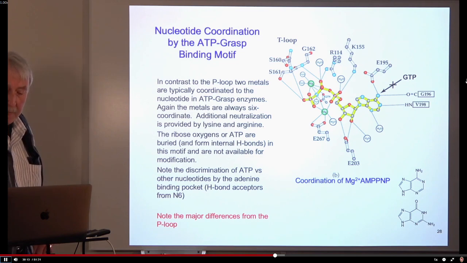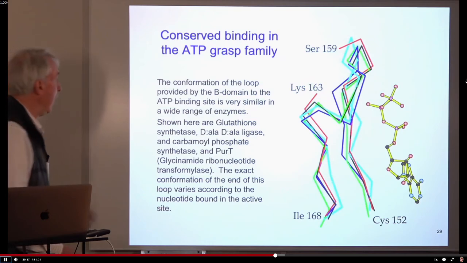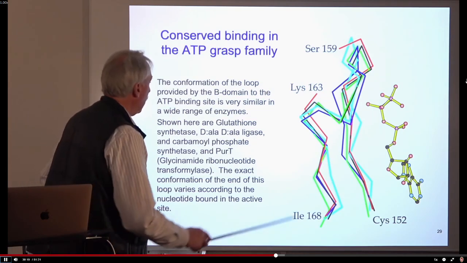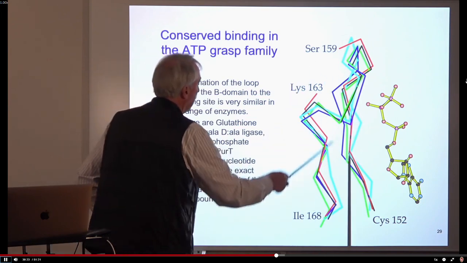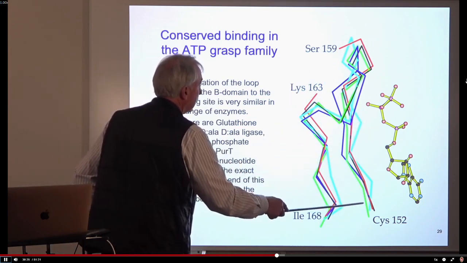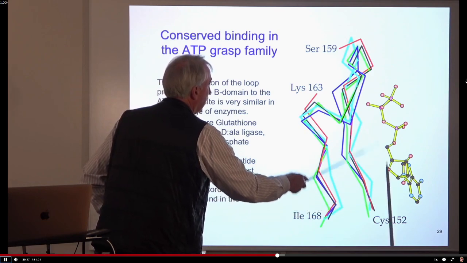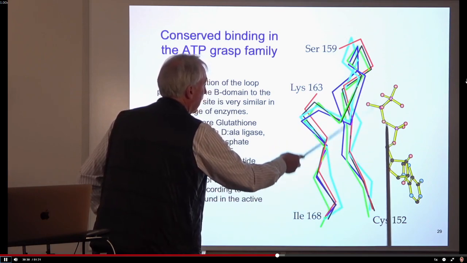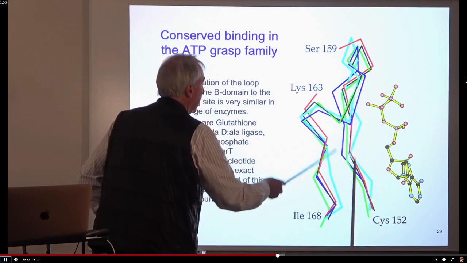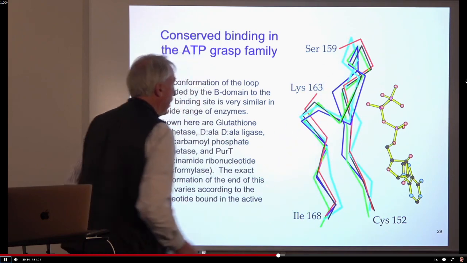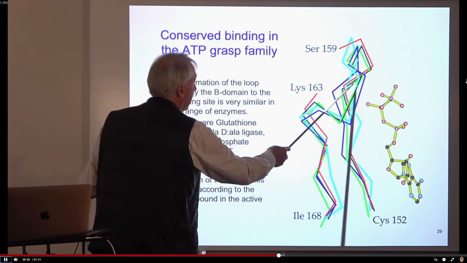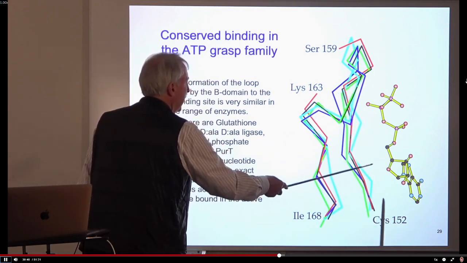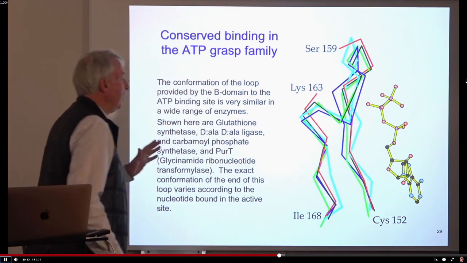Now what's interesting is if you take a look at this motif that binds it from a range of enzymes, what you notice is there is a loop connecting two strands that lies adjacent, parallel to the triphosphate moiety. And throughout ATP grasp enzymes, the overall conformation of the residues that coordinate the ATP is remarkably similar.